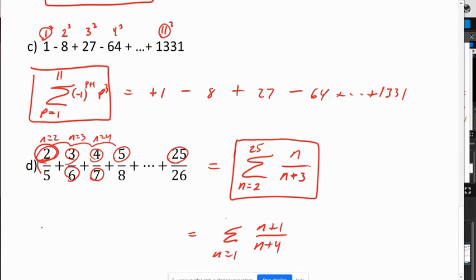And we would have to end at 24 then, because 24 plus 1 would give us the 25 on the top, and this 26 isn't going to work. This should be 28 on the bottom. That was a typo there. That's going to have to be 28 to fit that pattern. And then when n is 24, we get 24 plus 4 is 28.